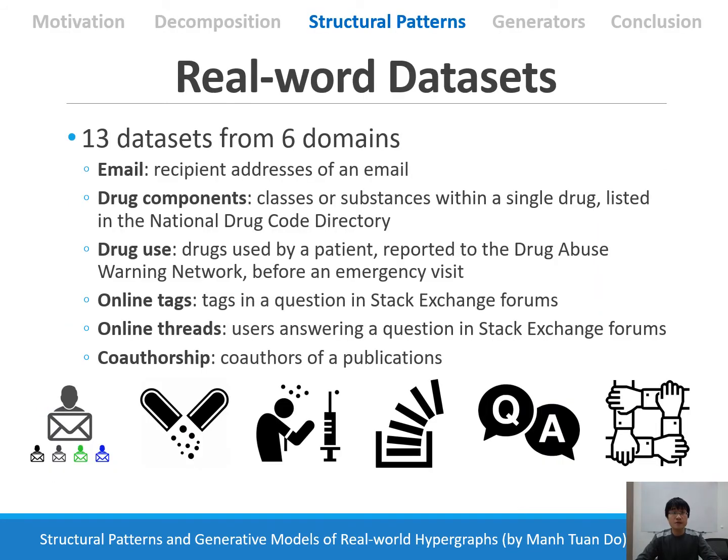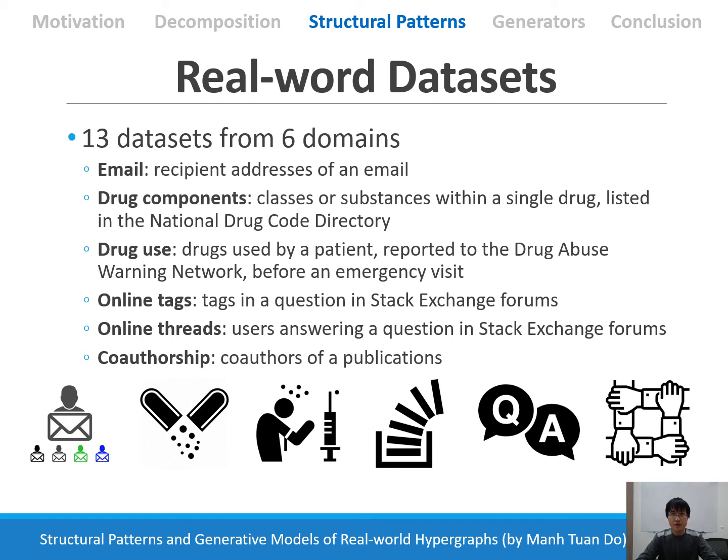In this paper, we investigate 13 datasets across 6 domains: email, drug component, drug use, online text, online thread, and co-authorship. The hypergraph datasets vary in terms of the number of nodes, the number of hyperedges, and the size distribution of the hyperedges.